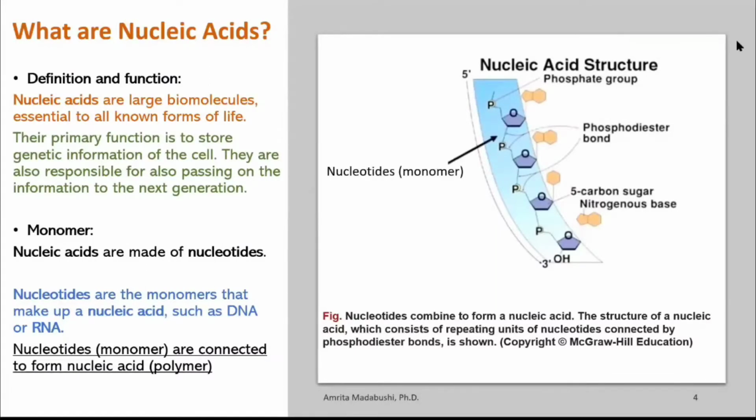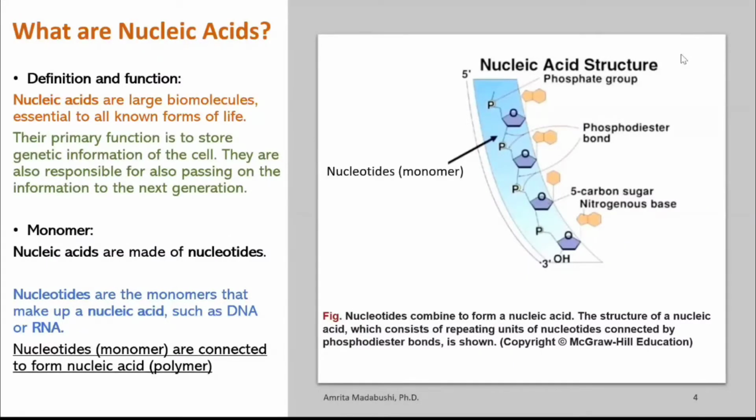So nucleic acids are large biomolecules. They're essential to all known forms of life. Everything that we know of has nucleic acid. Okay, so I want to make sure that we understand how important this is.